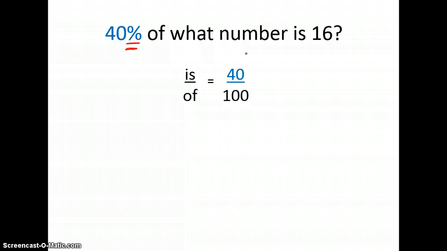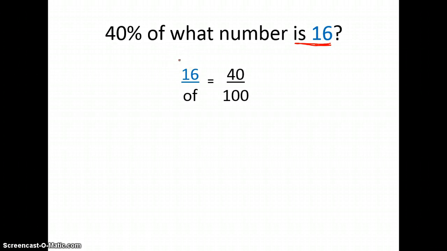As I'm reading this, I see "of what number" and "is 16." That jumps out at me. I know that whatever the percent, 40%, is, is 16. They're the same, so they have to go in the same part in my proportion. In this case, the percent goes on top. So the part that represents that 40%, which is 16, goes on top as well in the other ratio.